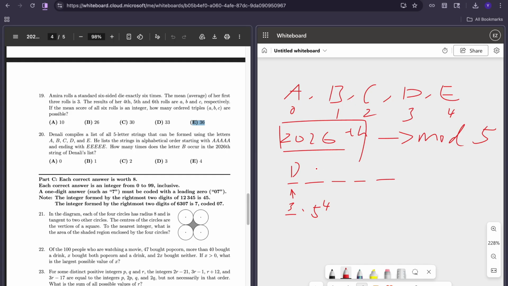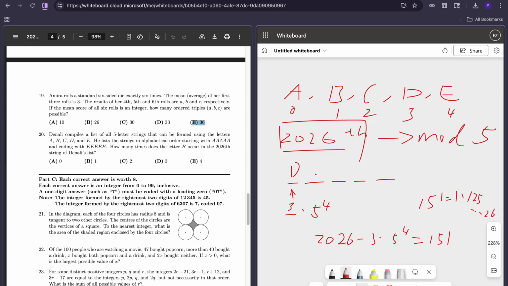And the second one, which is 2026 minus 3 times 5 to the power of 4, which is 151. 151 can be written as 1 times 5 cubed, left with 26.